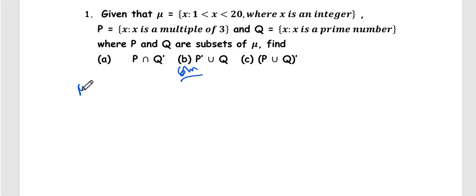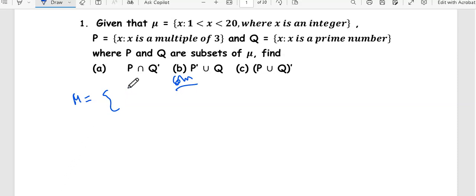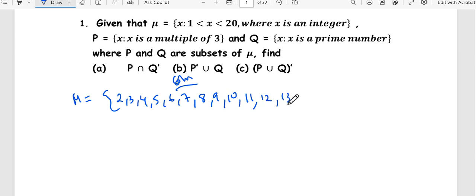Since 1 is less than x less than 20, 1 will not be inclusive, so that will be 2, 3, 4, 5, 6, 7, 8, 9, 10, 11, 12, 13, 14, 15, 16, 17, 18, 19. 20 is not inclusive because what you have is less than 20.